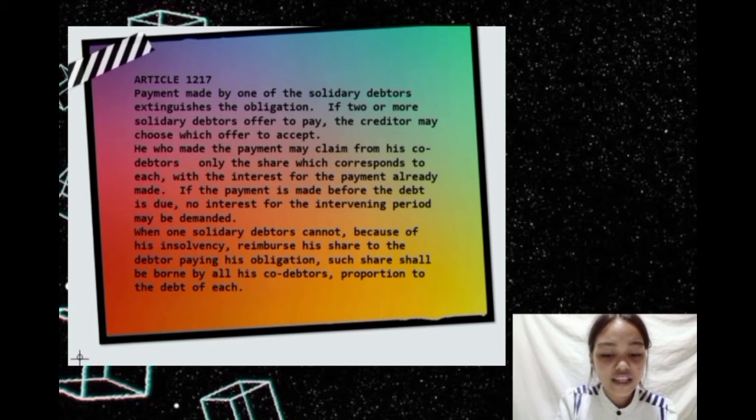Kate and Diane are proportionally liable to Jane for Justine's share. But in the end, Kate and Diane will recover when Justine's finances improve.